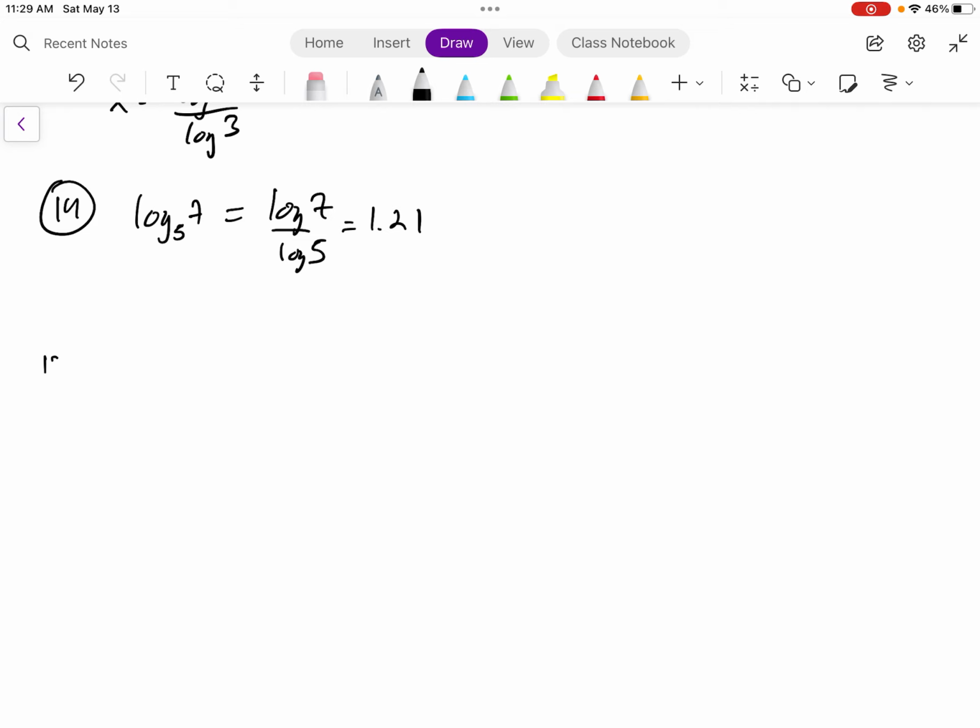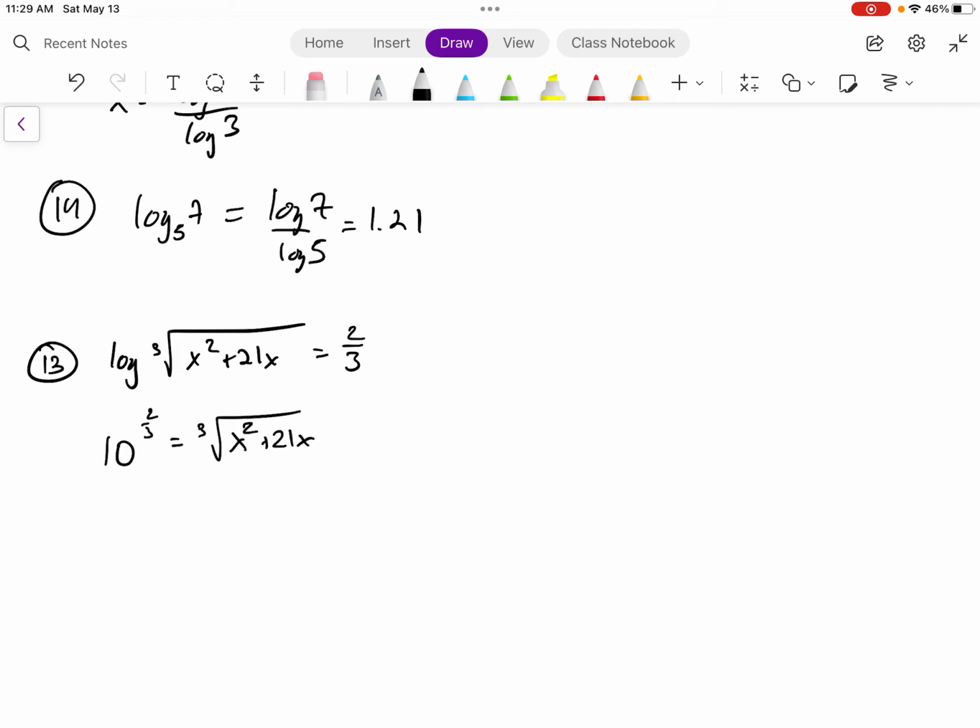I'll do the challenges. Okay, so the first challenge, we're going to have log of the cube root of x squared plus 21x equals 2/3. Well, that means 10 to the 2/3 equals the cube root of x squared plus 21x.